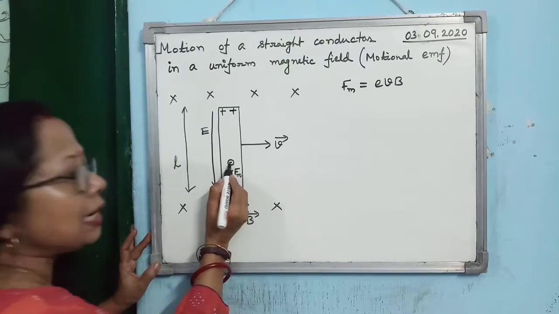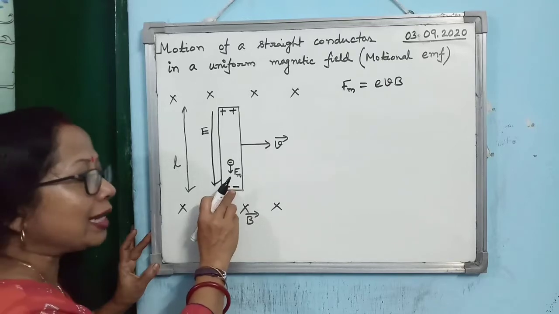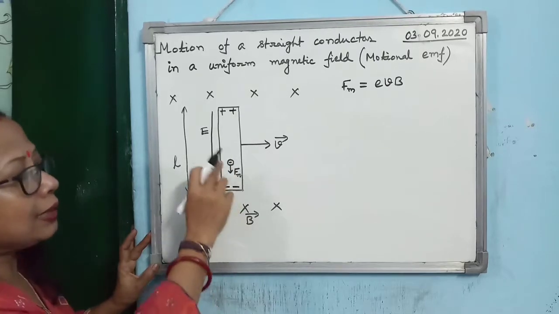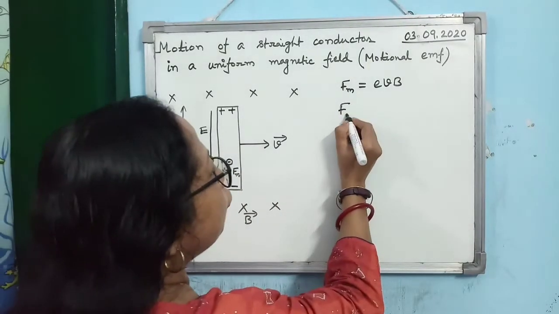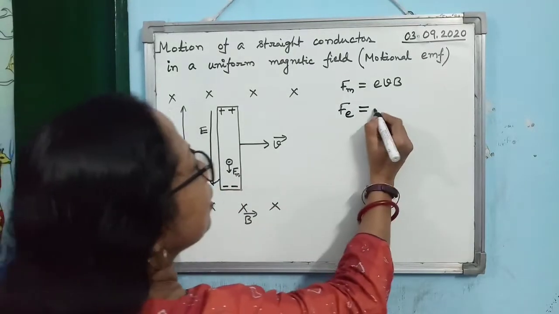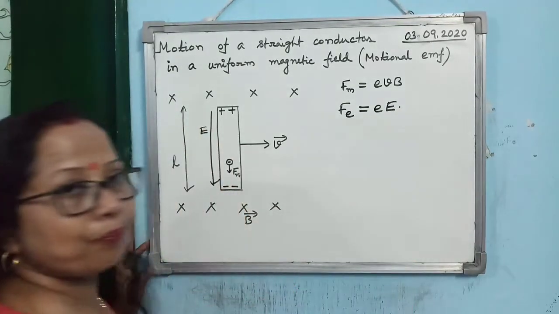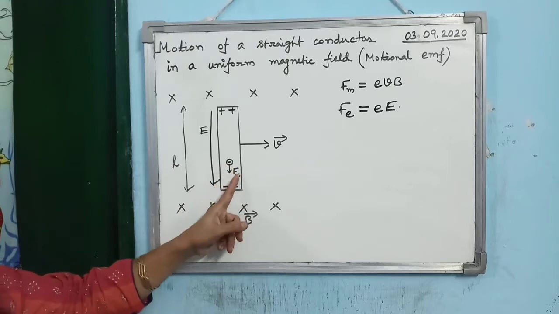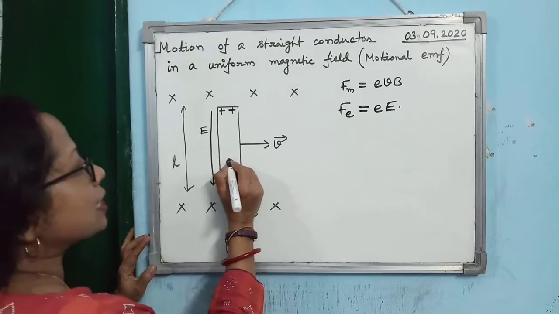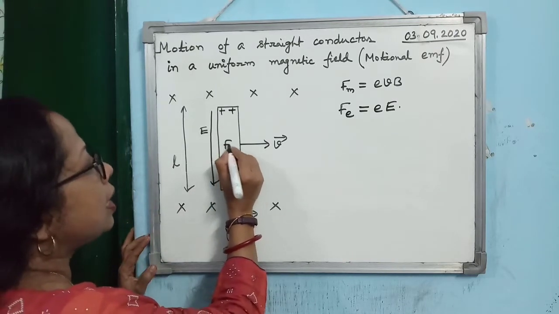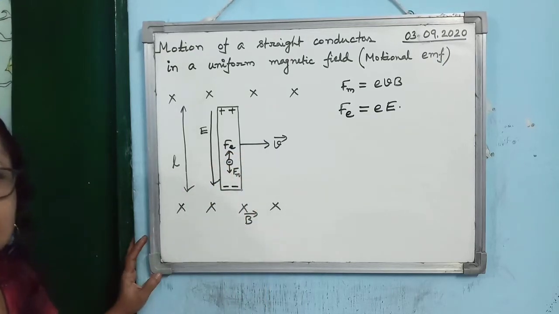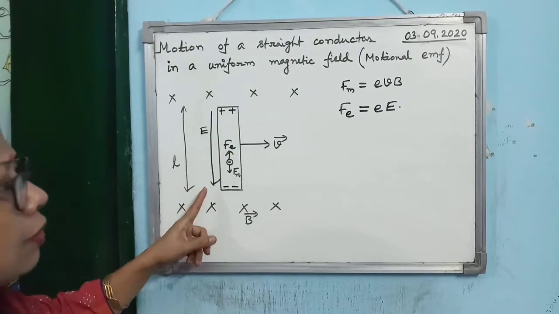Now the electrons which have not reached there will experience a force given by small e into E. As electrons are negatively charged, they will experience the force in the upward direction, opposite to the direction of the electric field.